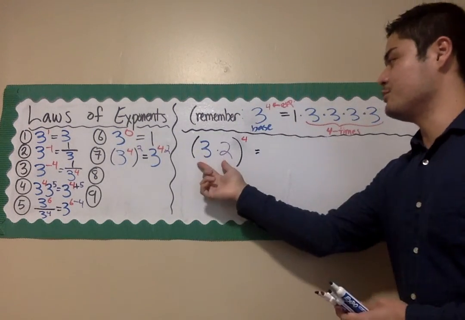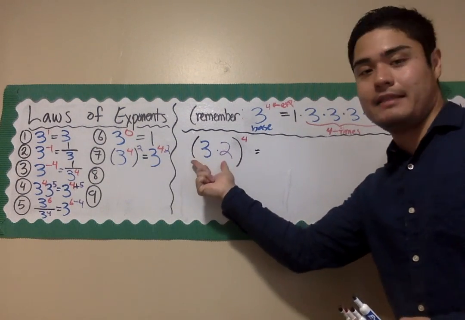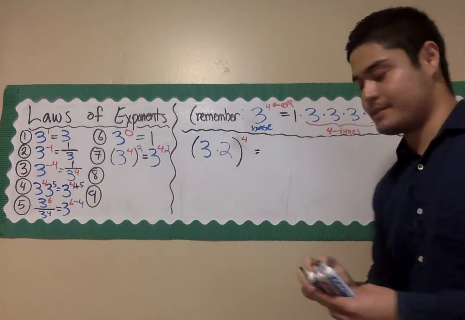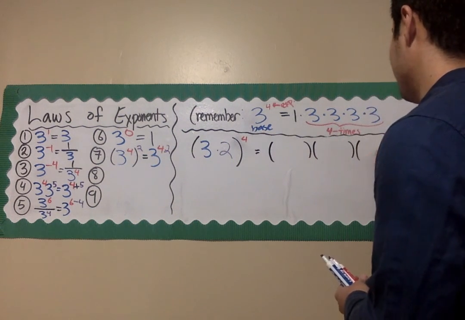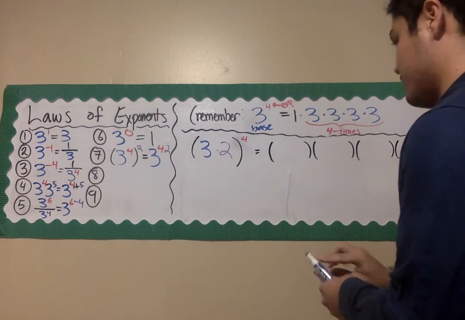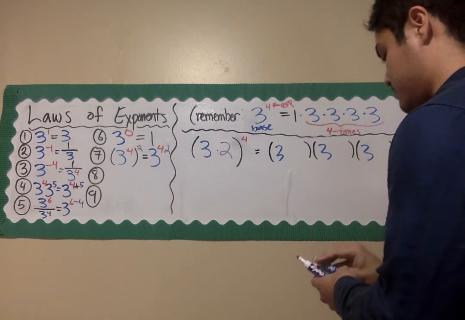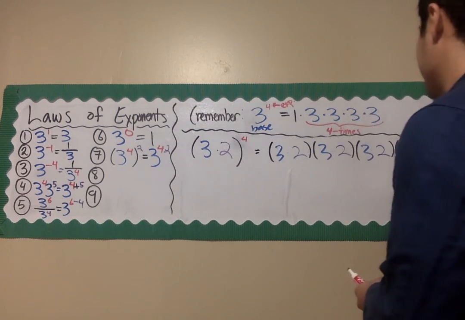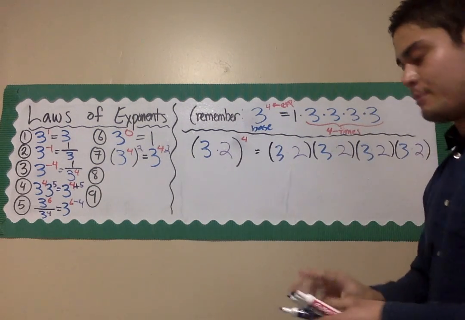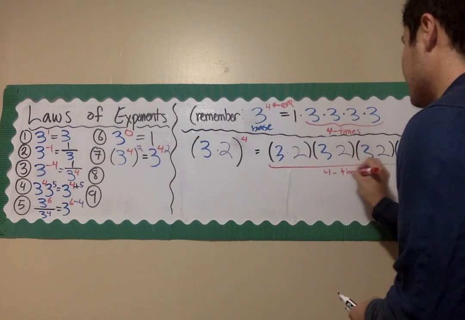Okay, 3 times 2 raised to the power of 4. This to the power of 4 means I'm going to repeat this multiplication 4 times. So I have 1, 2, 3, 4. Remember, this little 4 represents I'm multiplying this 4 times.